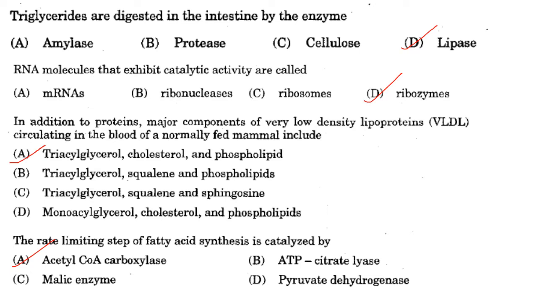Answer is option A. The rate limiting step of fatty acid synthesis is catalyzed by. This is a repeated question. So the rate limiting step in fatty acid synthesis is the formation of malonyl CoA from acetyl CoA by the enzyme acetyl CoA carboxylase. So the answer is option A, acetyl CoA carboxylase.